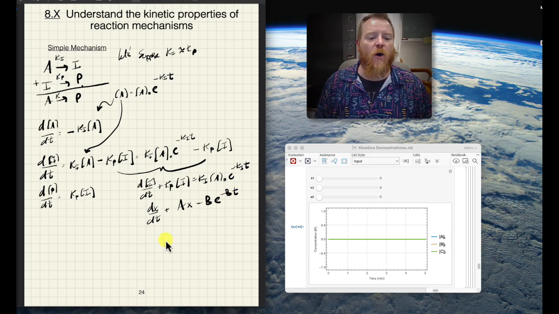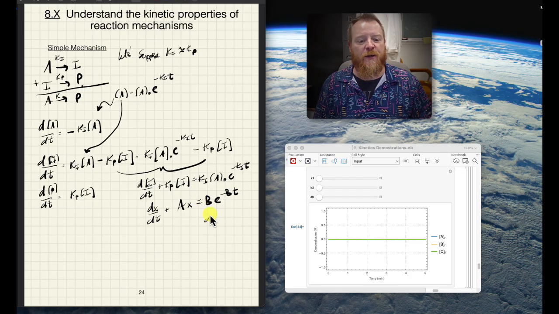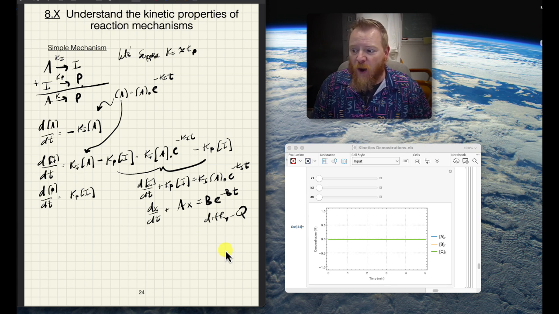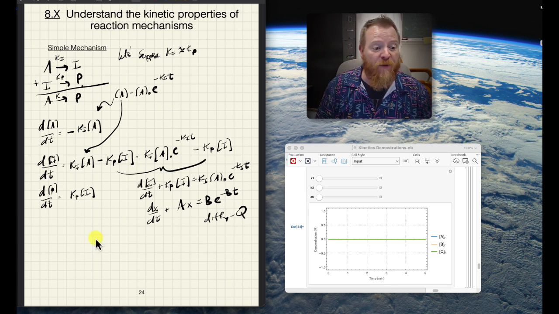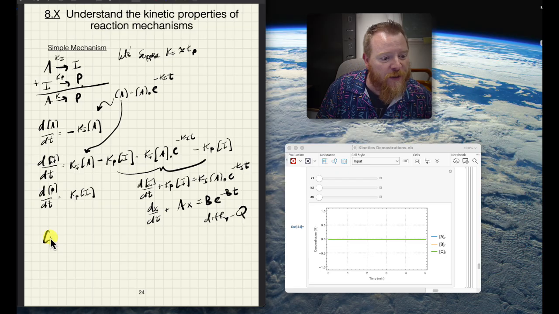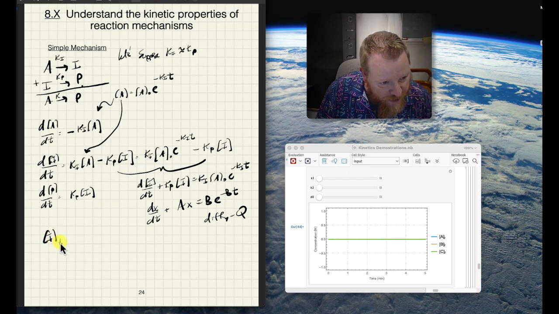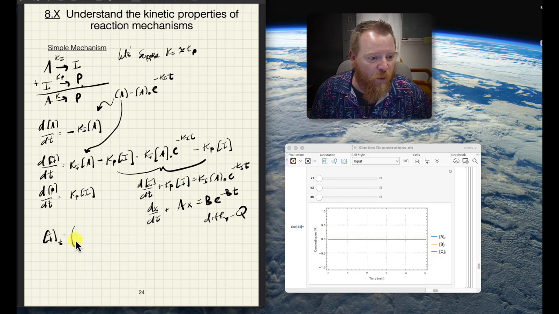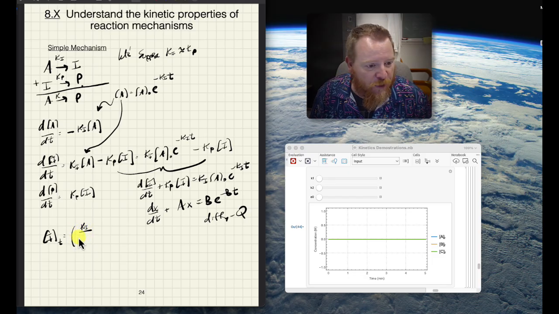Okay, so this is a standard differential equation that has a known result. So I'm just going to go to that result directly and write down the following. So I, and I'm going to put the little t there just to note that that's I at any time t, will be equal to the following. So this is the standard solution to that differential equation.